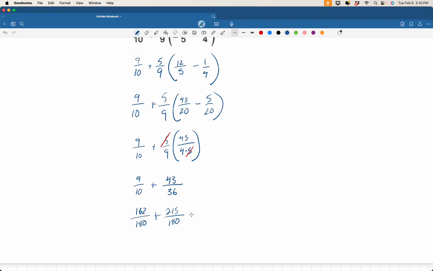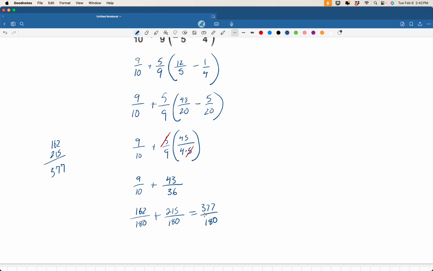So let's add them together. So 162 and 215, I like to stack them just because that's the way my brain works. That's the way we did it when I was in 7th or 8th grade, and it still is a good way to do it. So 377 over 180 would be your answer. And you can't reduce it because 377, I don't think it's divisible by 3.